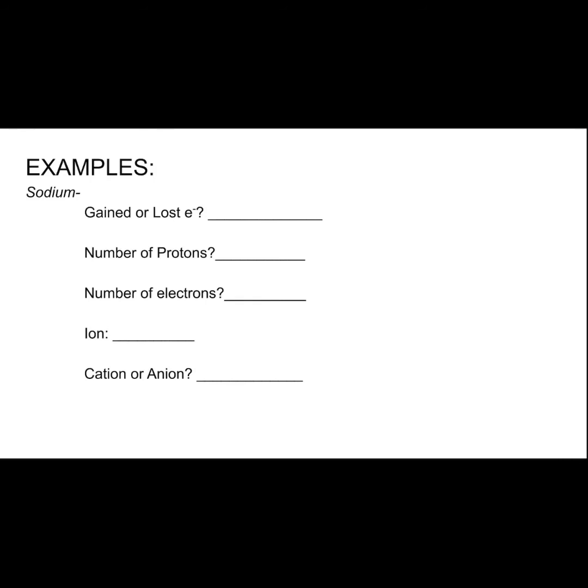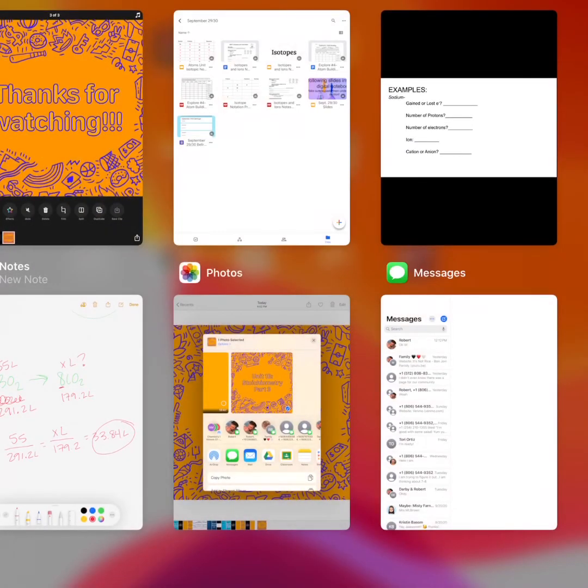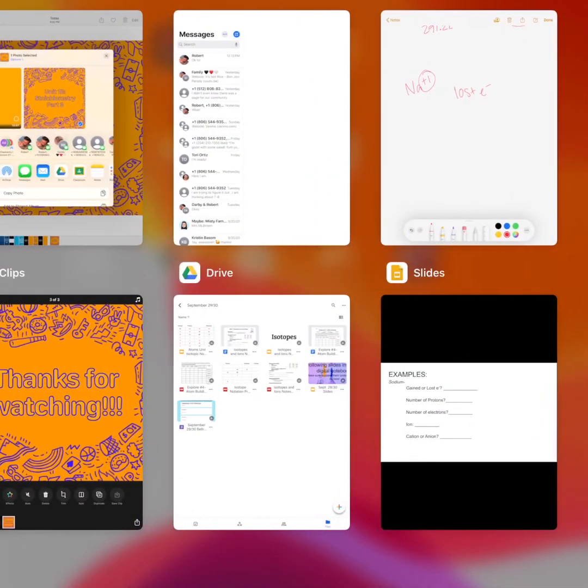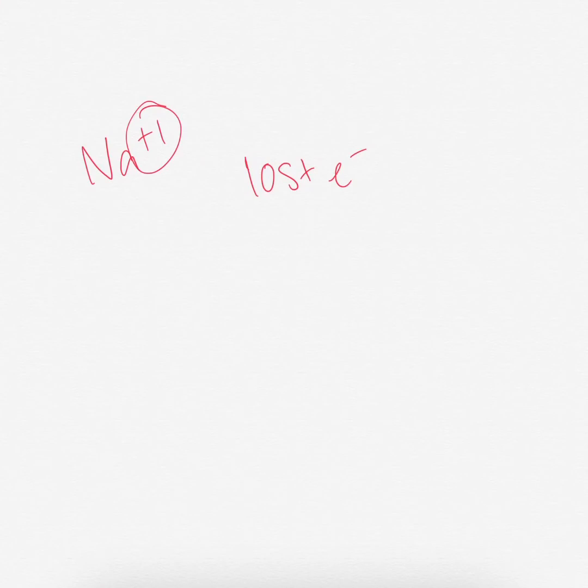Sodium, and I may need to flip back to my notes just a second. So, sodium is Na, and its charge is +1. Right now you don't have to worry about how to find those charges because you'll learn that later on. But if it's a positive charge, that means I lost an electron. The next thing it's asking for is the number of protons.